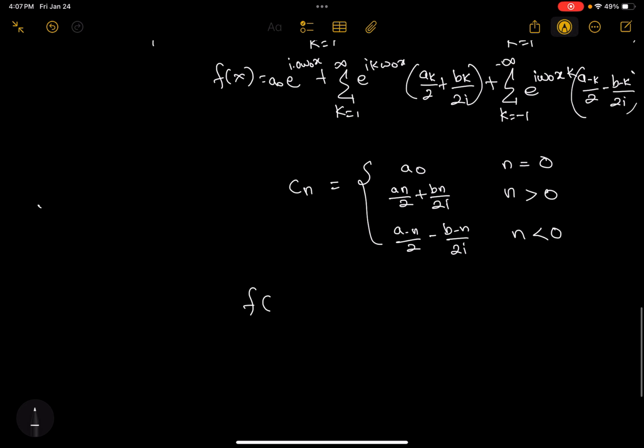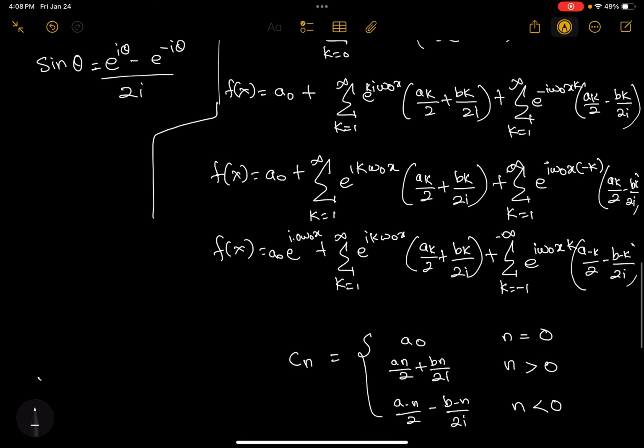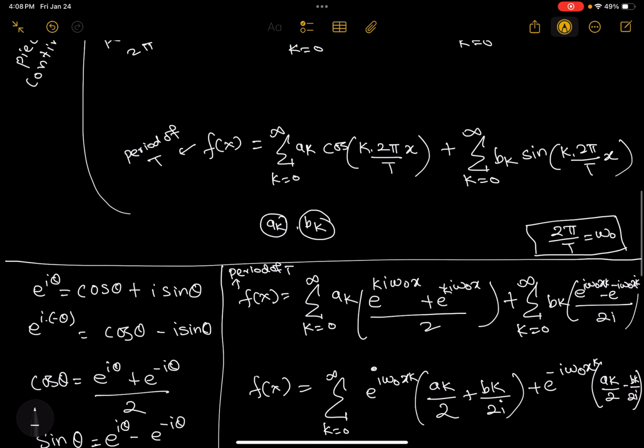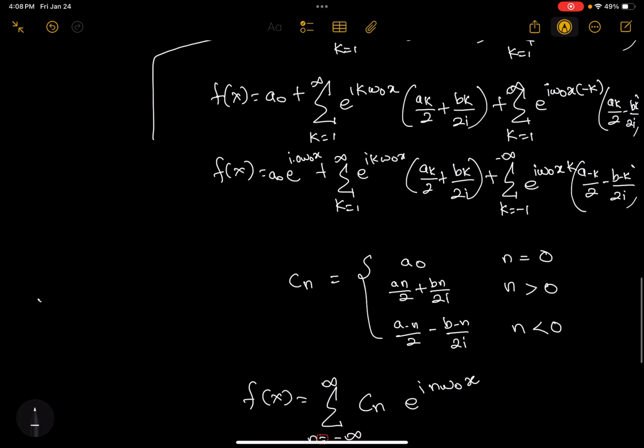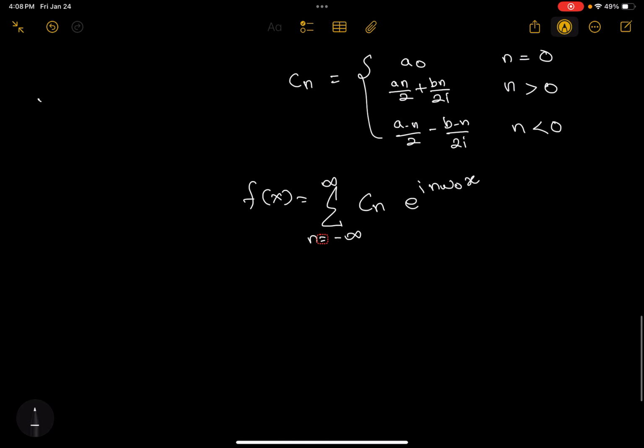So how we can merge all three sums is that we can make a sum go from minus infinity to infinity. For all of them, we have this constant defined by c sub n, and then we have e to the power I n omega naught x. And this actually merges all of the complex terms in the Fourier series so they can be written in a much simpler way.